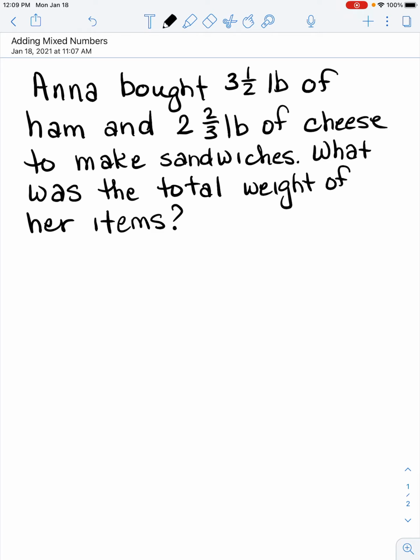So what we're going to do is I have 3.5 plus 2 2/3. Now, in order to add mixed numbers, it's important that we understand what a mixed number is.